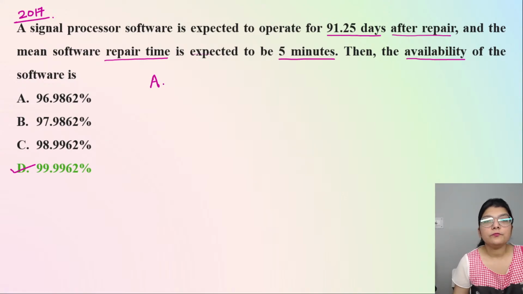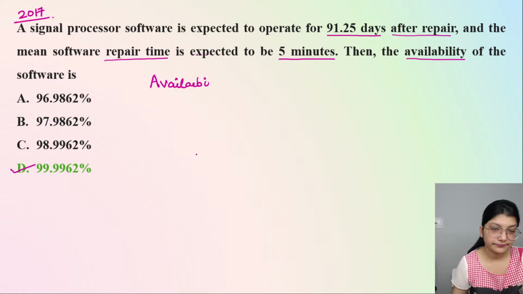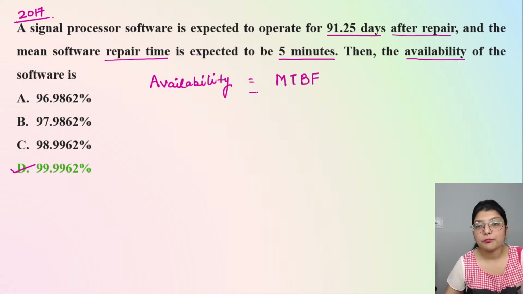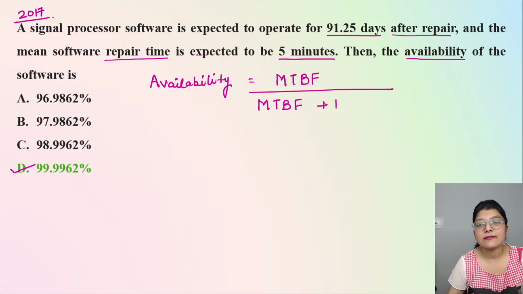Availability is equal to MTBF upon MTBF plus MTTR, into 100.